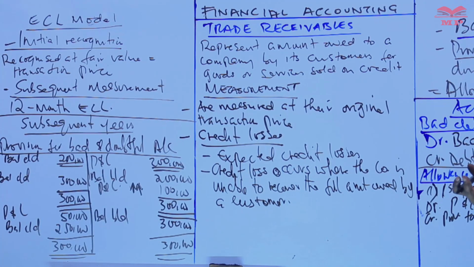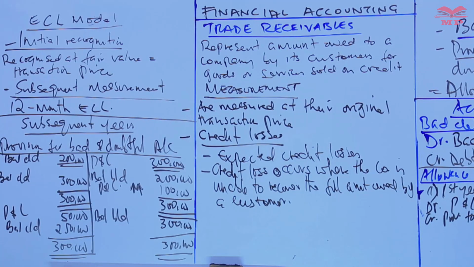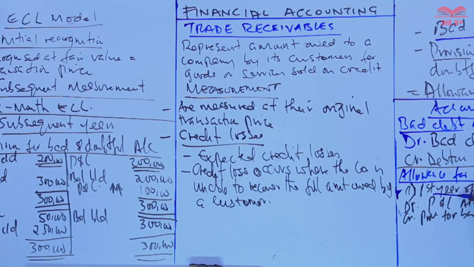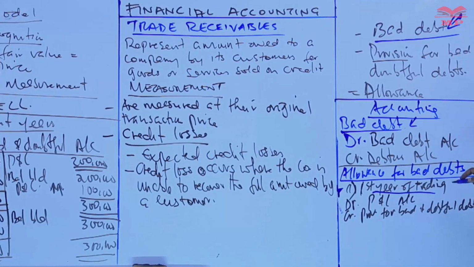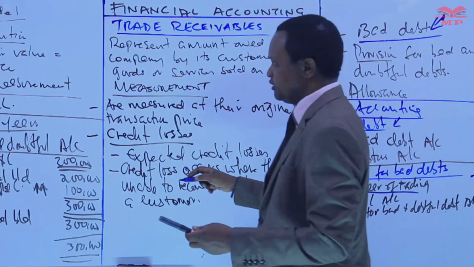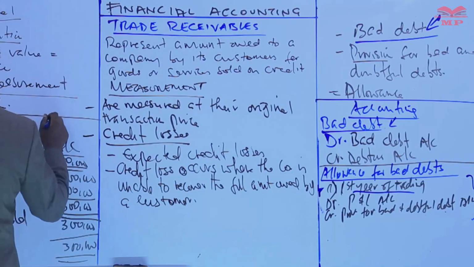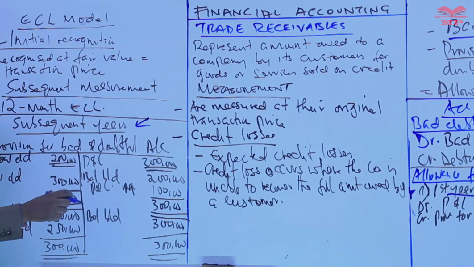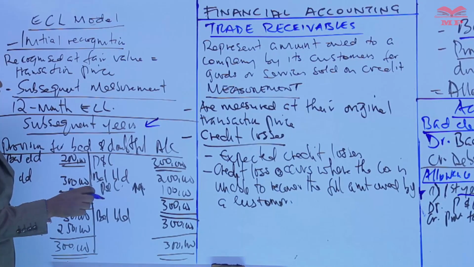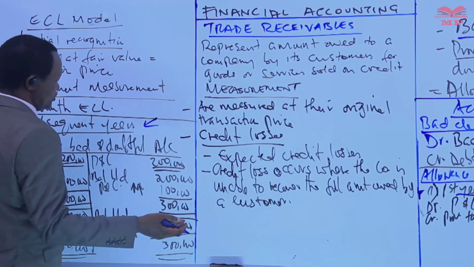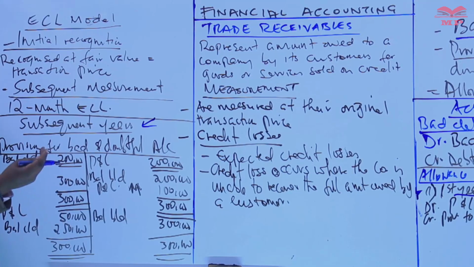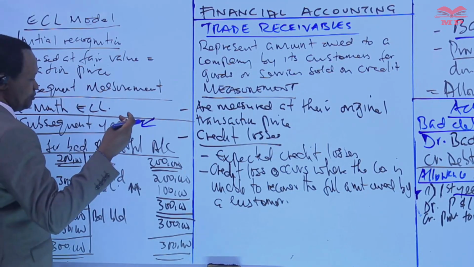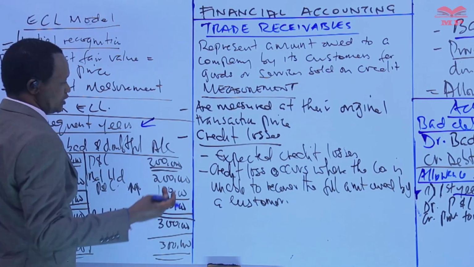So if it is the first year, this is the accounting treatment. If it is the first year, then we have subsequent years. If it is subsequent years, if you're accounting for bad or doubtful debts in subsequent years or periods, then again it depends on whether the provision is an increase or a decrease.